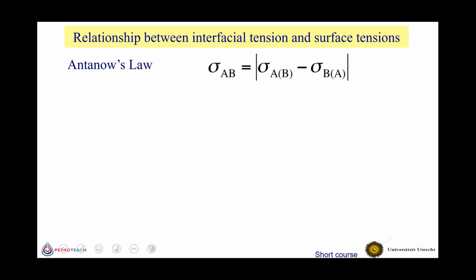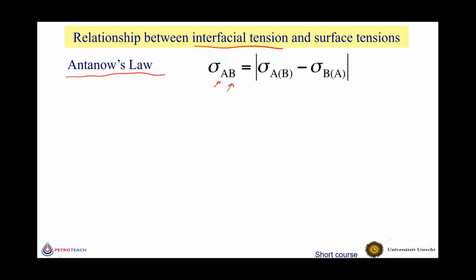And in fact, if you have the surface tension values of two different liquids, for example, liquid A and liquid B, then you can use Antonov's law to calculate the interfacial tension between these two liquids. So if you have the surface tension of liquid A with air or its vapor and of B with air or its vapor, then you can calculate it.